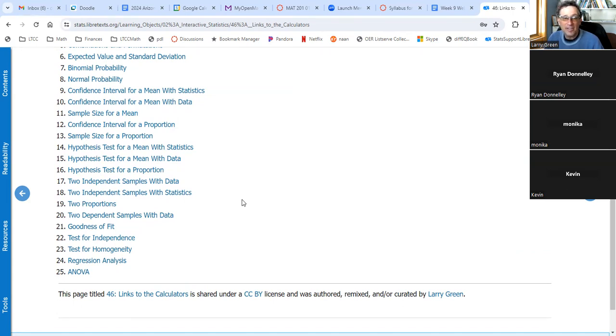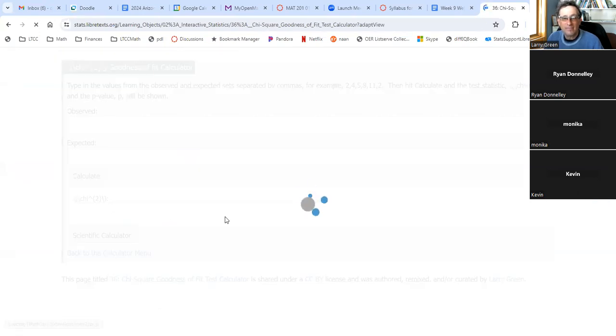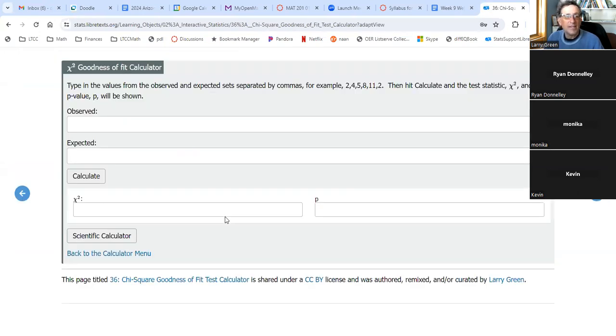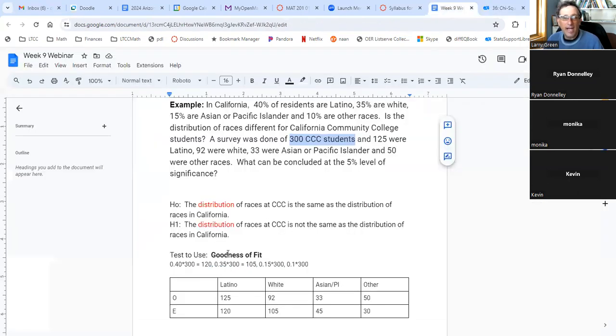Definitely not a trick question. Yeah, this is calculator number 21, goodness of fit. And what it says is type in the values from the observed and expected sets separated by commas, then hit calculate. So let's do that.